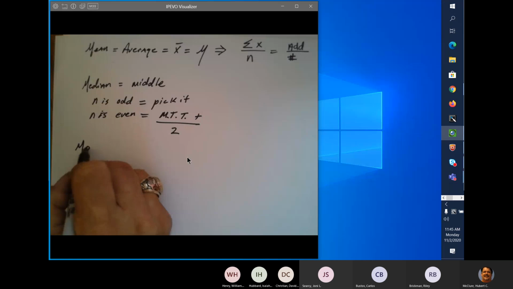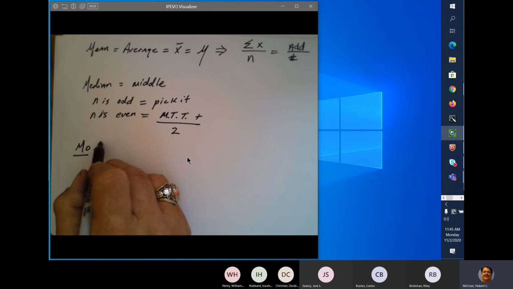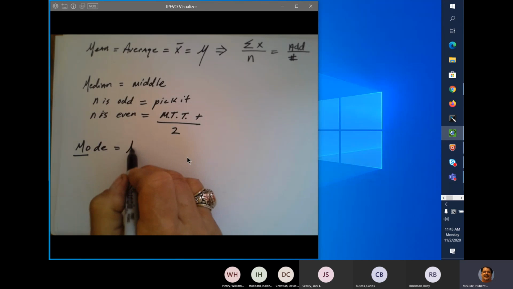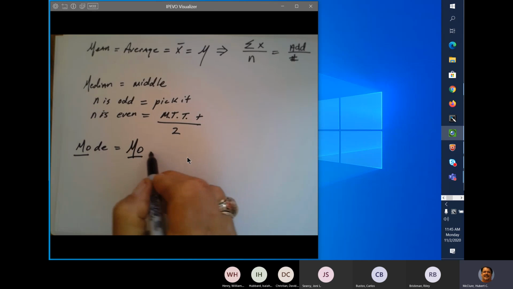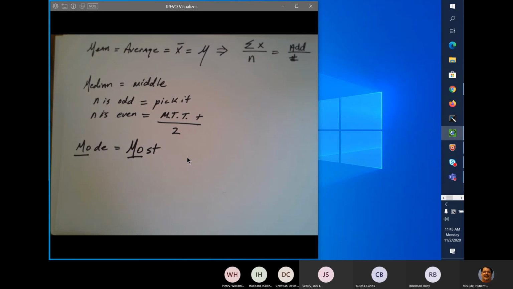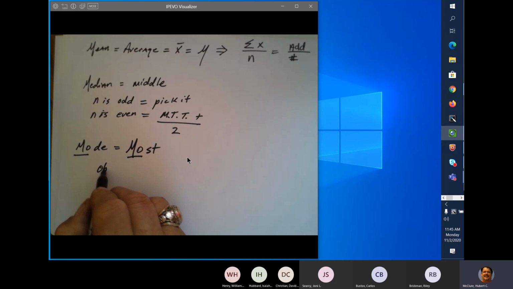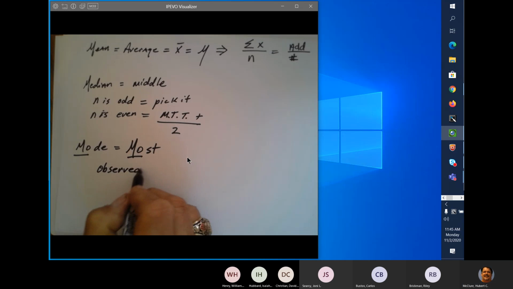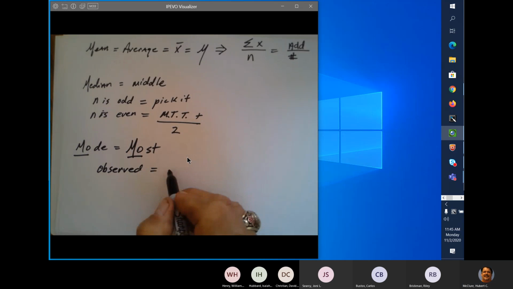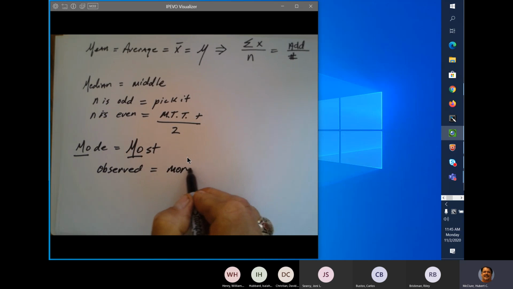Mode. What shows up? The what? The most. Exactly. You can have more than one mode. This is observed. It's not calculated. You can have more than one.